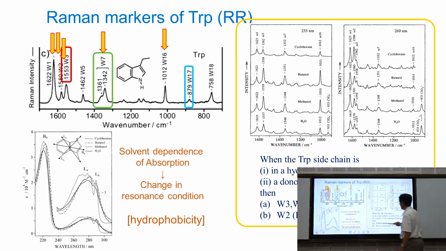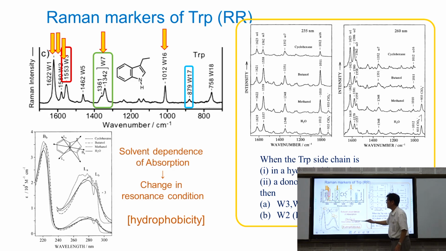It's because these peaks are related to certain excited states. And absorption intensity is affected by the environment. So there is a solvent dependence of the absorption. So depending on the environment or difference in the solvent, absorption intensity changes.